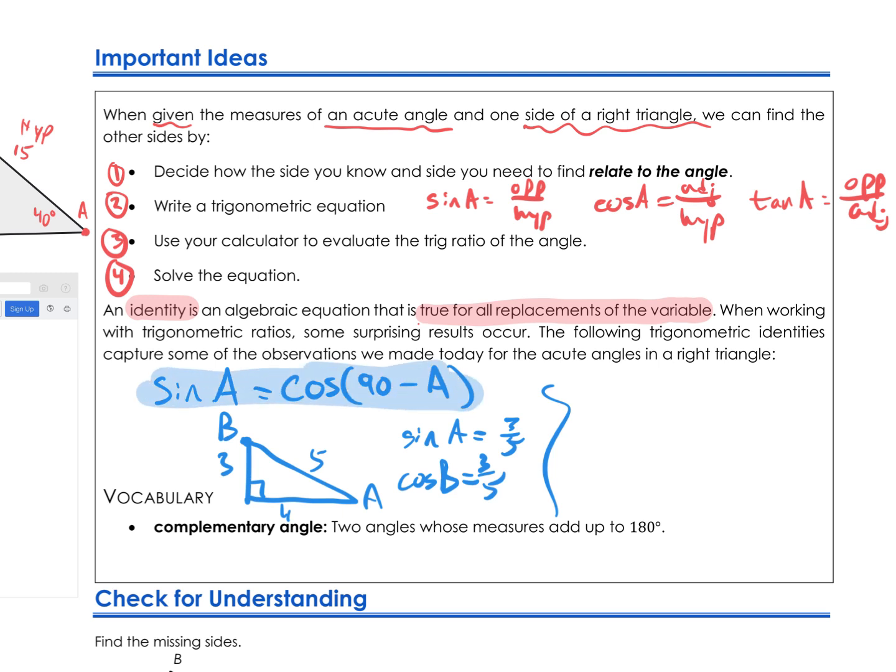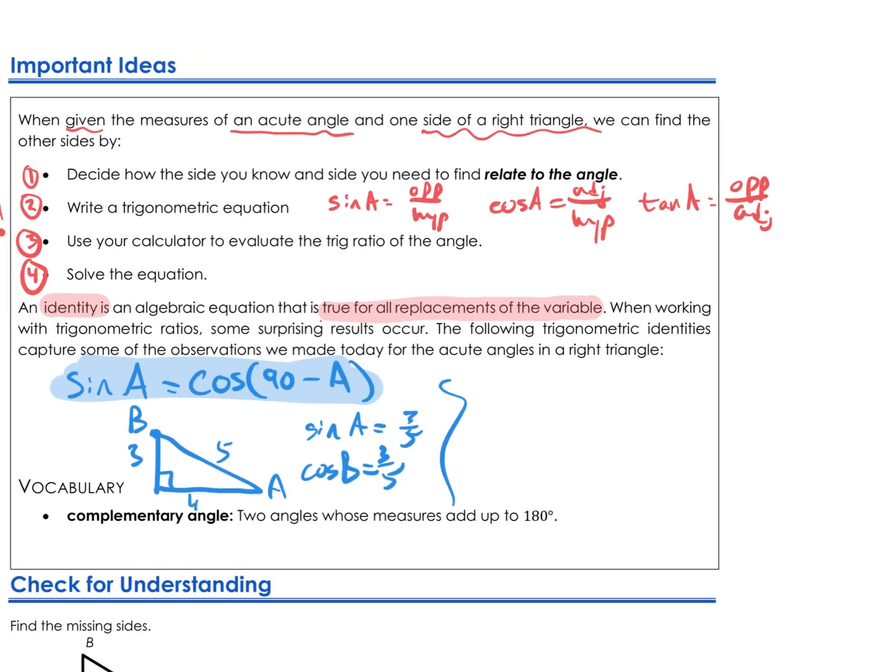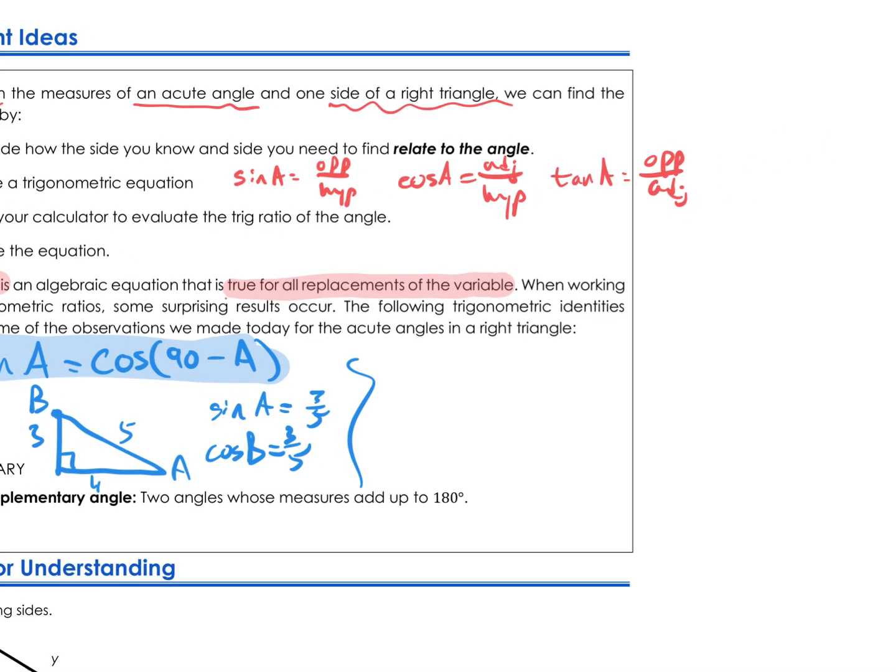Okay? Well, let's see. We've got one more here. We could say that the tangent of an angle is opposite over adjacent. It is the sine of the angle over the cosine of the angle. All right. Well, how is that true?